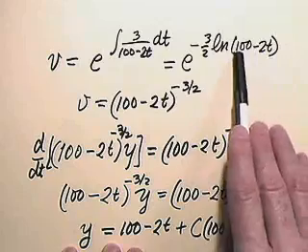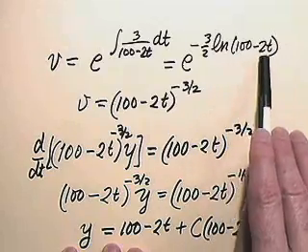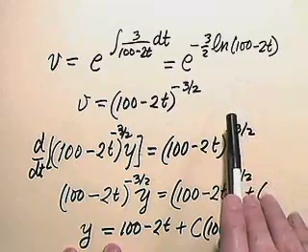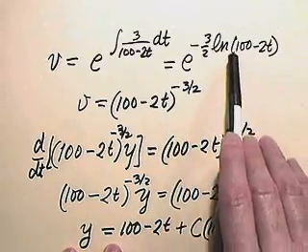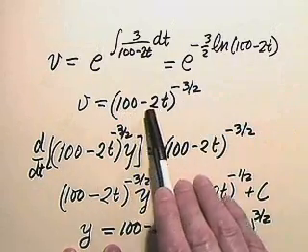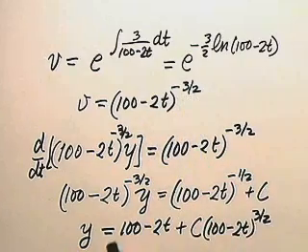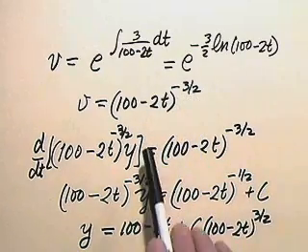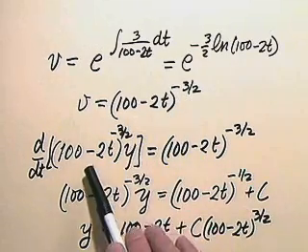Well, in this problem, this 100 minus 2t represents the amount of water in the tank at time t, and so that's always greater than 0 for the range we're interested in. So I can drop the absolute value, and that means v itself is simply 100 minus 2t, all raised to the negative 3/2 power.